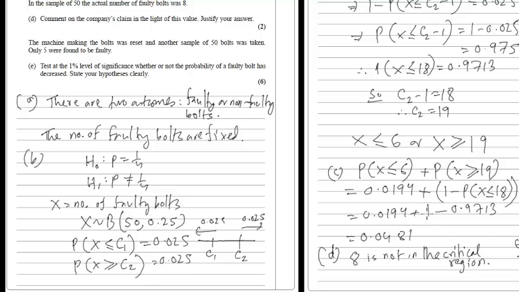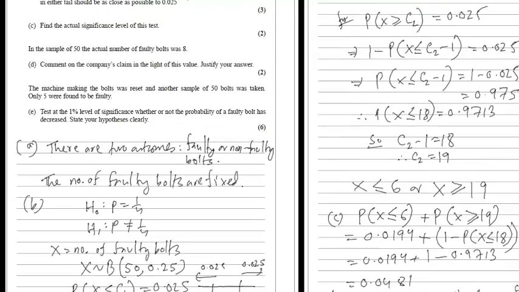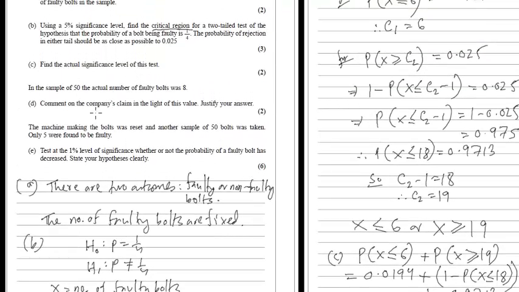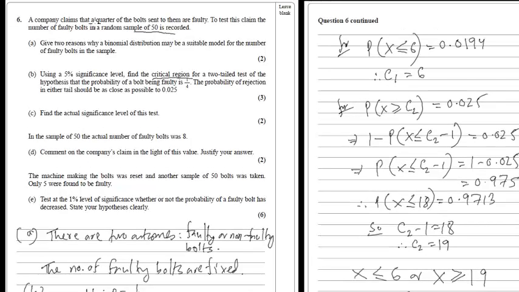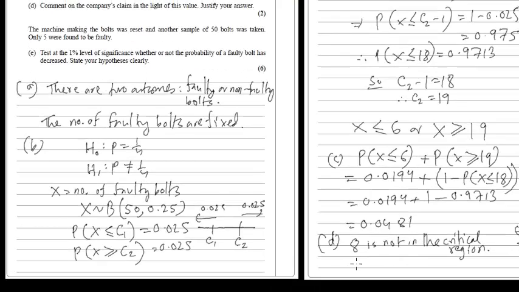If it is not significant, we have to accept H naught. So what was H naught? What was the context? The company claims that a quarter, meaning 1/4, of the bolts sent to them are faulty. So the company's claim is correct.